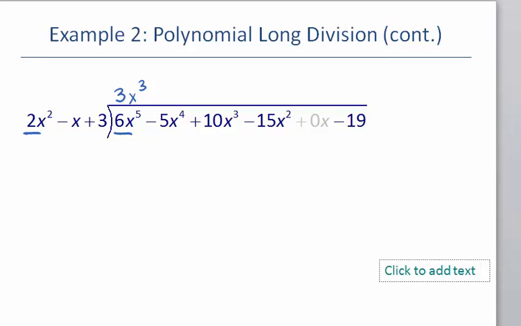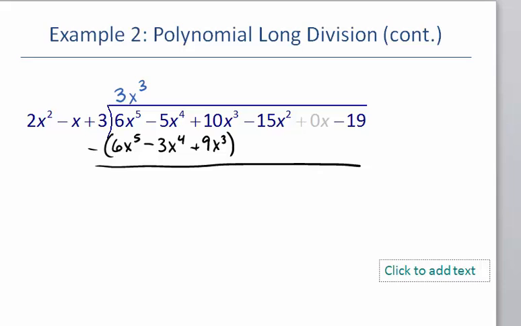We're going to multiply. So 3x to the 3rd times 2x squared makes 6x to the 5th. 3x to the 3rd times negative x makes negative 3x to the 4th. 3x to the 3rd times 3 makes 9x to the 3rd. We're going to put that in parentheses and subtract.